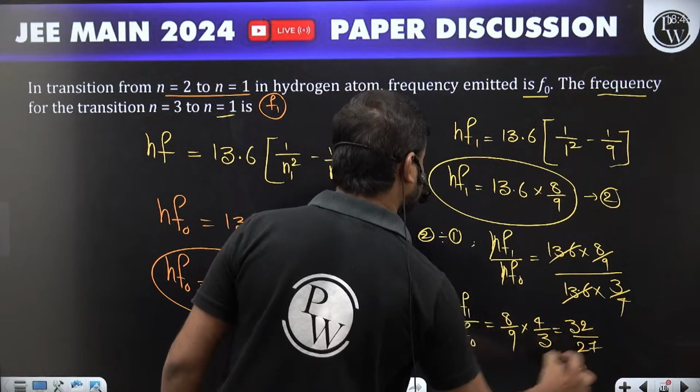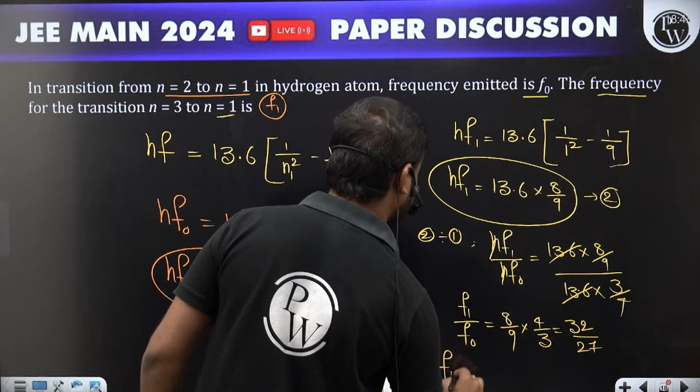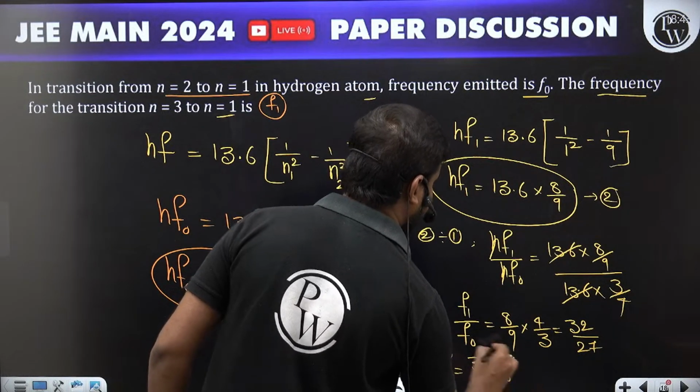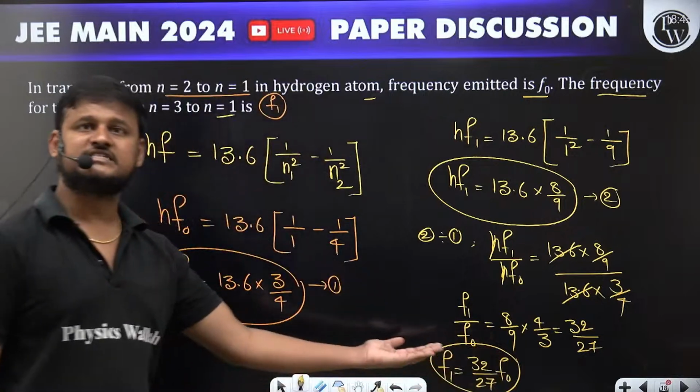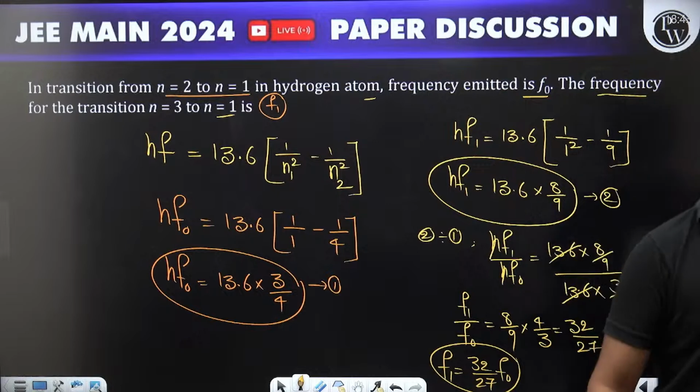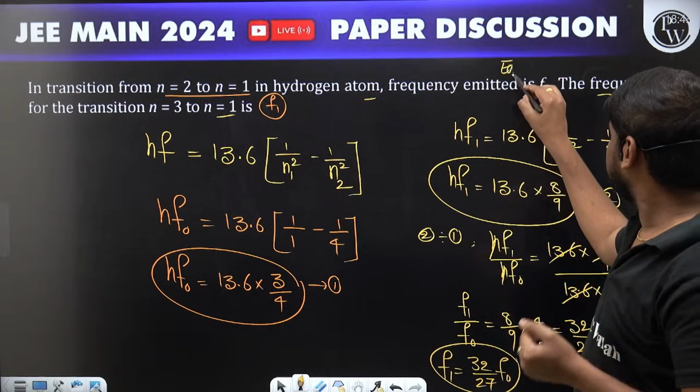So f1 is 32 by 27 f naught. If they gave the values, you can substitute them. Done, guys. This is also an easy question from modern physics.